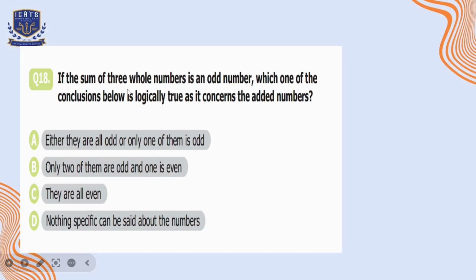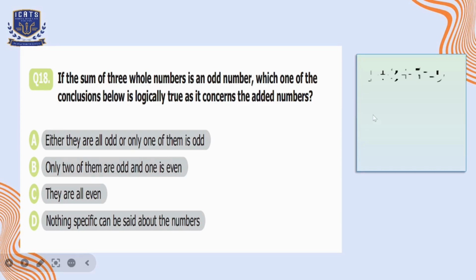Question number 18. If the sum of three whole numbers is an odd number, which one of the conclusions below is logically true as it concerns the added numbers? So we have to keep that thing in mind that the answer is an odd number. Option A is either they are all odd or only one of them is odd. So let's try this option.